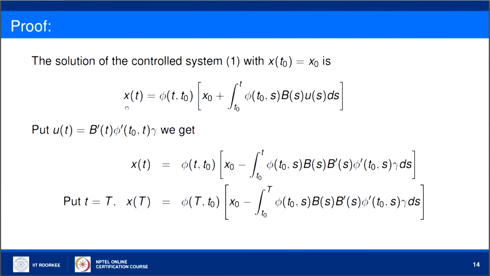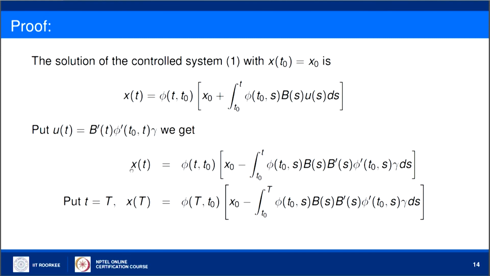We write the solution expression for the initial condition x naught as usual, and in this solution we substitute u of s as given in the previous equation.